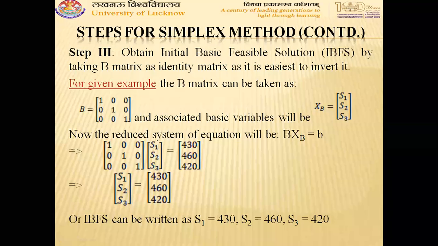Small b is again the constants, which you can see are 430, 460, and 420. So we get the equation identity matrix into s1, s2, s3 equals 430, 460, and 420. Using the property of identity matrix, the column vector of s1, s2, s3 will be equal to the column vector of constants, or we can write the initial basic feasible solution as s1 equals 430, s2 equals 460, and s3 equals 420.